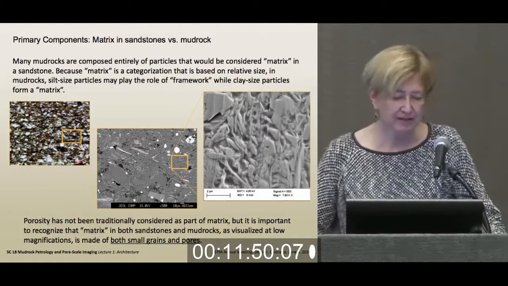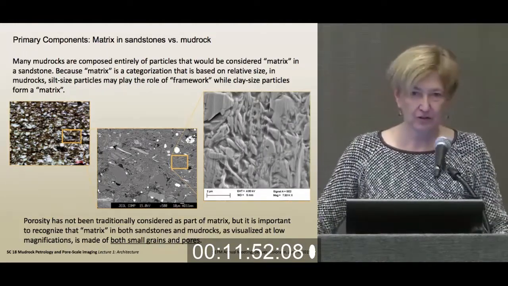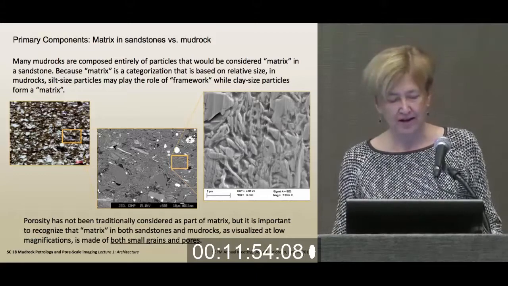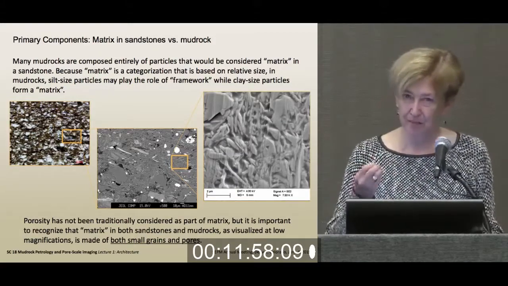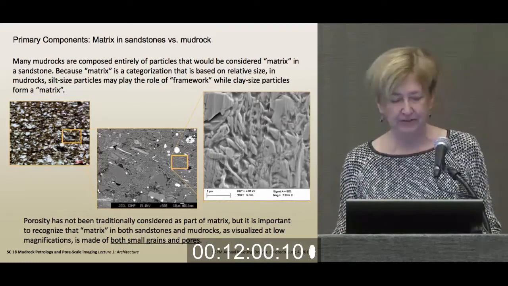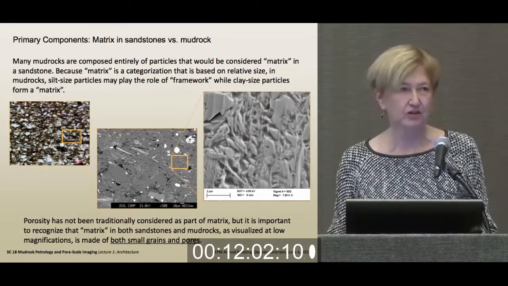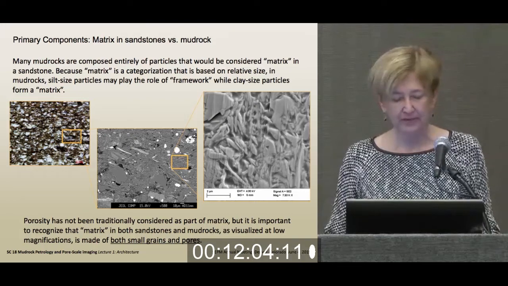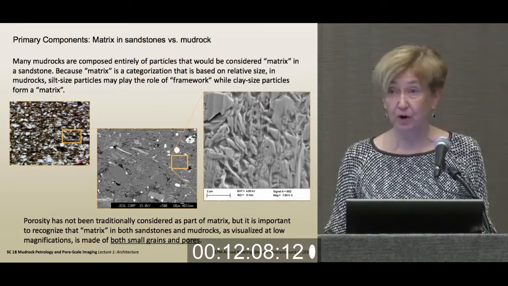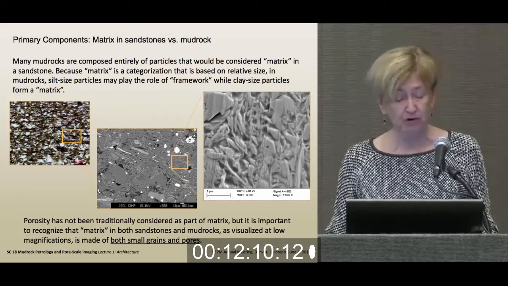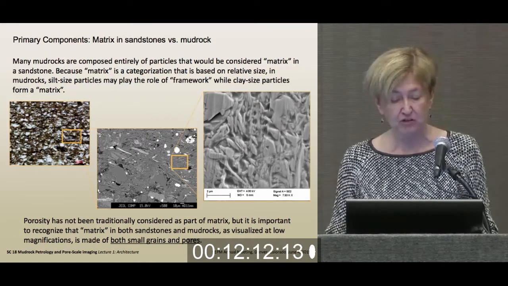So again, everything I just said about sandstones also applies to mudrocks. And the challenge, of course, is that mudrock particles are really tiny. Everything in a mudrock would be matrix in a sandstone. But in mudrocks, you again have framework grains, silt-sized particles, even fine sand particles, and between them you have matrix.